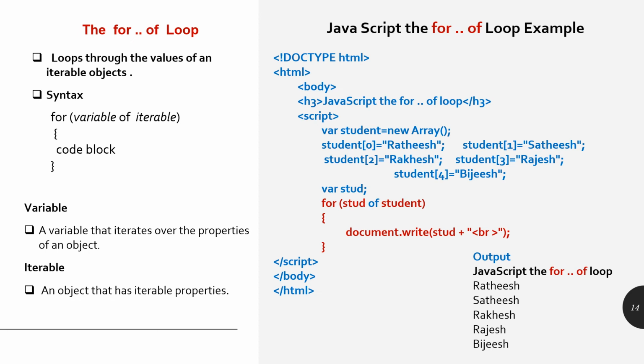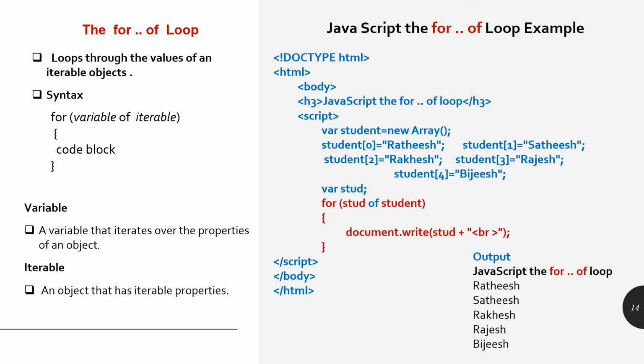We have assigned student. Here, the value student of what is there in this actually refers to one index only of student, that is the first index of student, that is Radish. Then second, this will be available here to student.